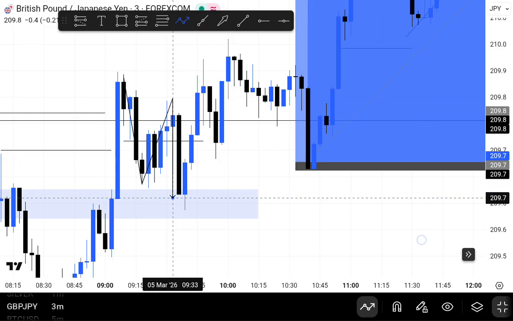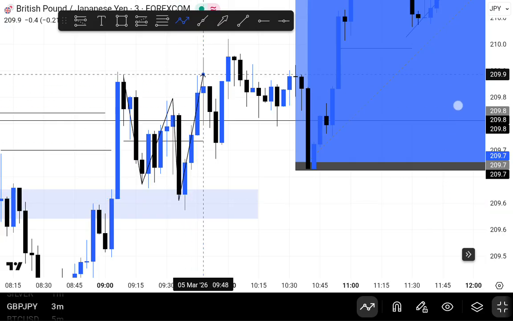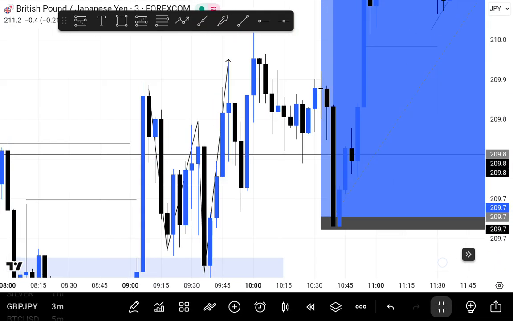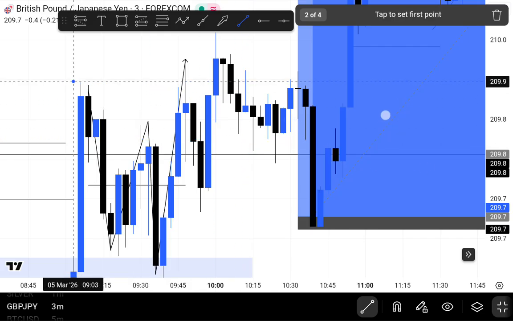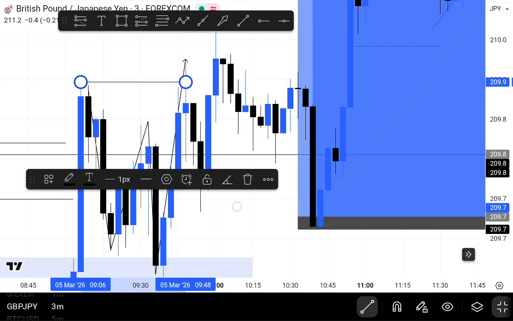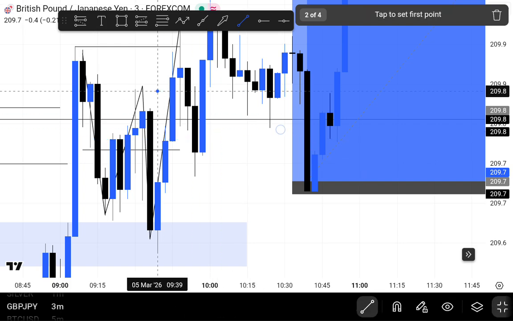The market gave me an MSS. That's what I was saying. This was a false break of structure. Take note, the market needs to break with the body of a candle and not a wick. This broke with a wick, which was the first break of structure. And here was the one that broke with a body.